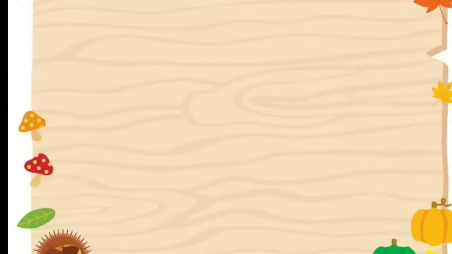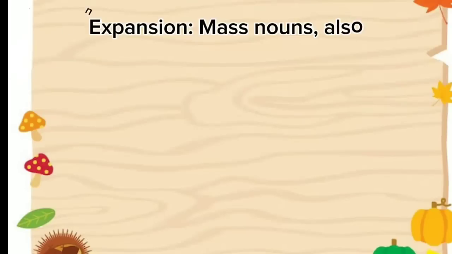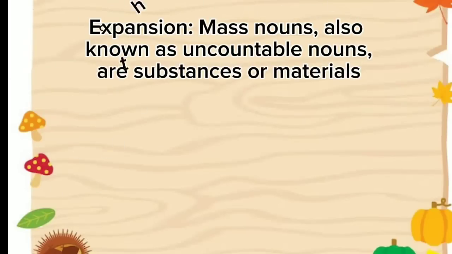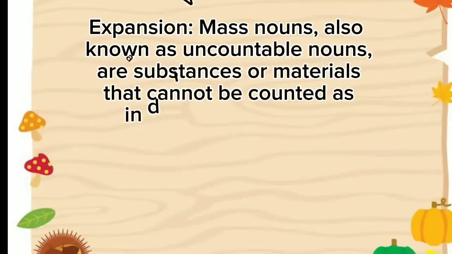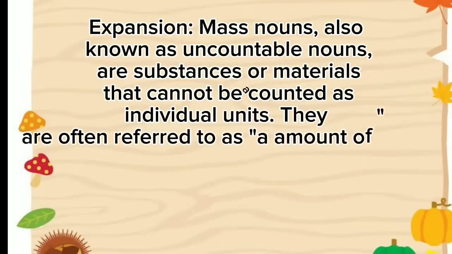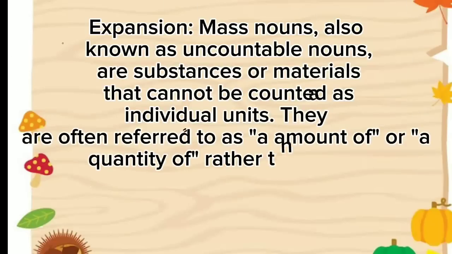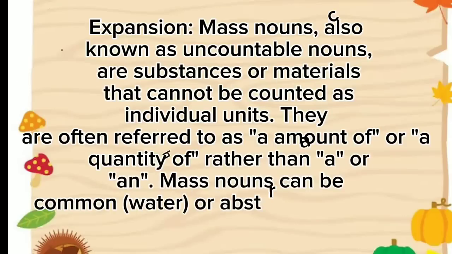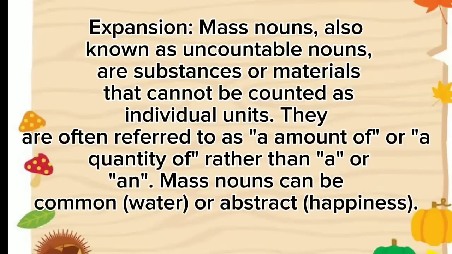Expansion: mass nouns, also known as uncountable nouns, are substances or materials that cannot be counted as individual units. They are often referred to as "an amount of" or "a quantity of," rather than "a" or "an." Mass nouns can be concrete (water) or abstract (happiness).